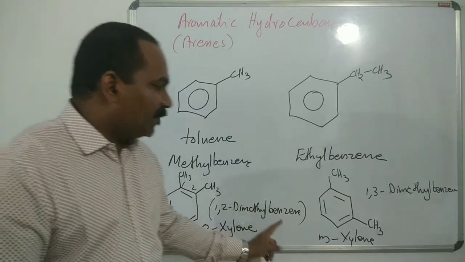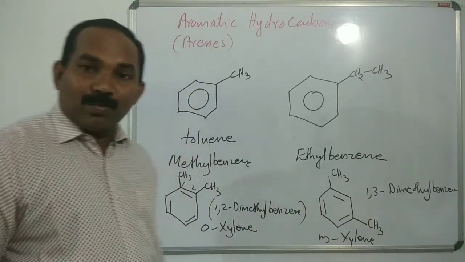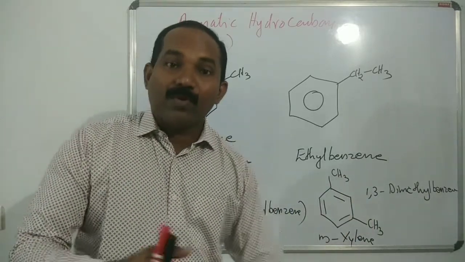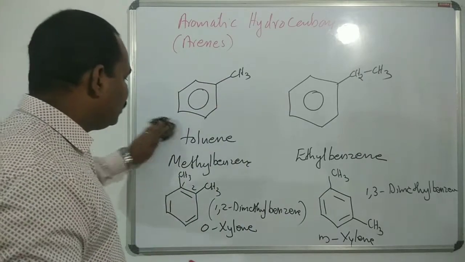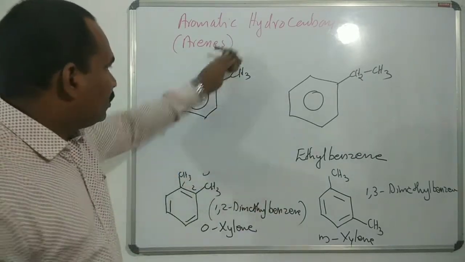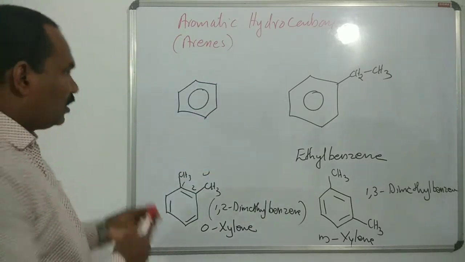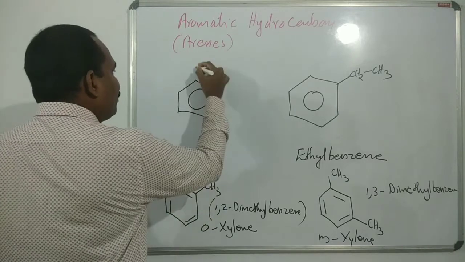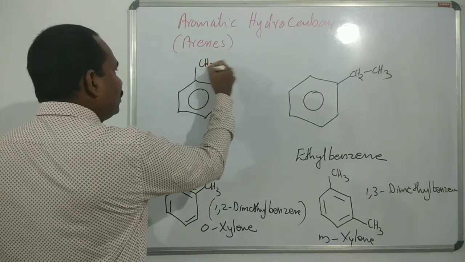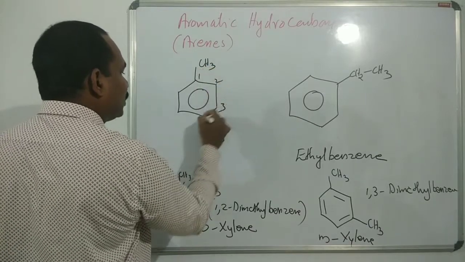You can check the formula. 1,2-dimethyl benzene and 1,3-dimethyl benzene are position isomers. One more position isomer is there. Which one? The methyl group on the 1,4 position: 1, 2, 3, 4.